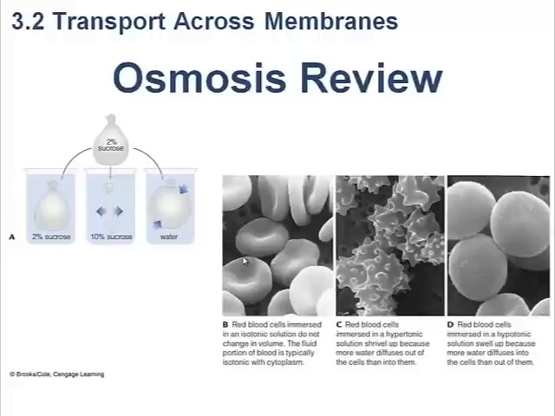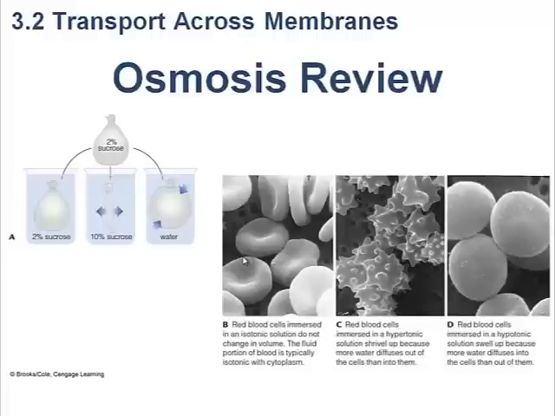And so in this case, we are placing the bag into a hypertonic solution. And you can see that term under C on the right-hand side of your diagram. If a cell, or in this case a bag that's mimicking a cell, is placed into a hypertonic solution, it will shrivel up and shrink.